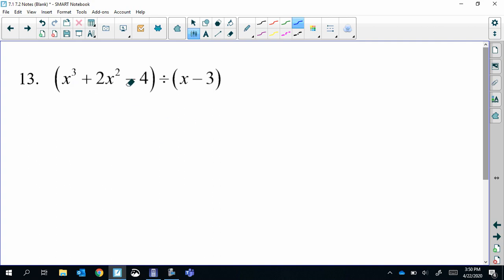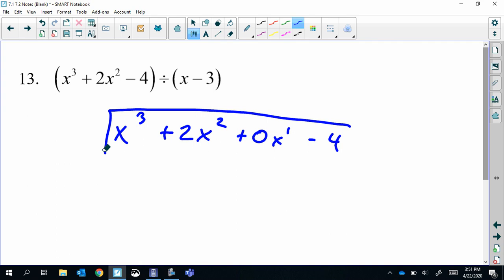So long division, make sure you aren't missing any powers. We're missing an x to the first, so we have 0 x to the first power, and we're dividing by x minus 3. So divide, distribute, subtract. Those are your 3 steps. Divide x cubed by x is x squared.